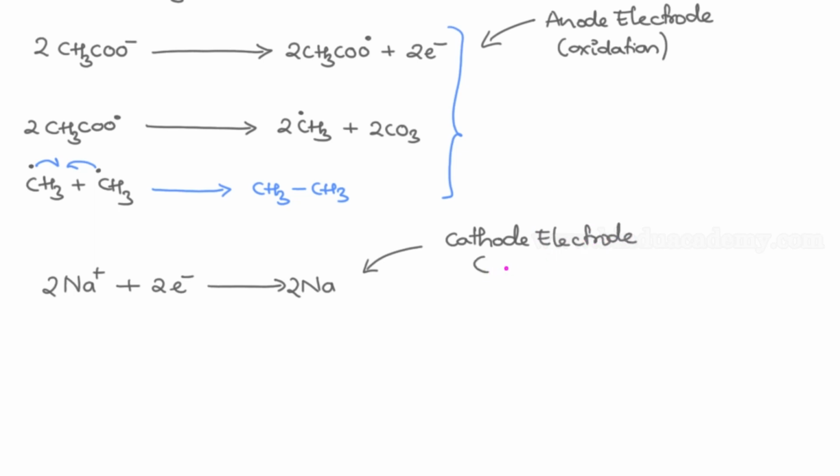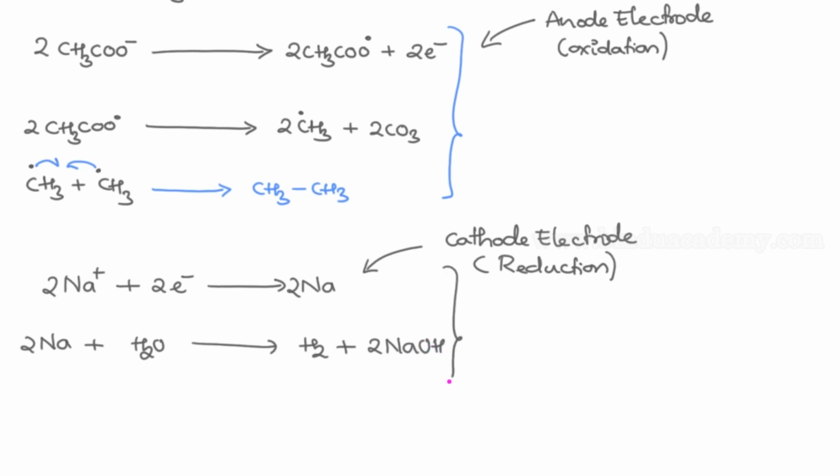In this case reduction is taking place. Now this sodium metal is very reactive, and it will definitely react with the water molecule, H2O, forming hydrogen gas and two molecules of sodium hydroxide. So this entire reaction is taking place at the reduction, or you can say cathode electrode.